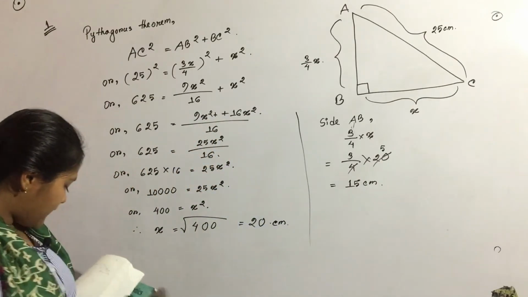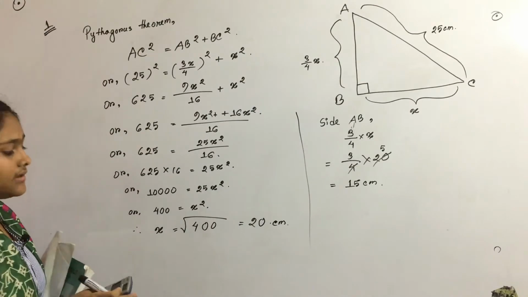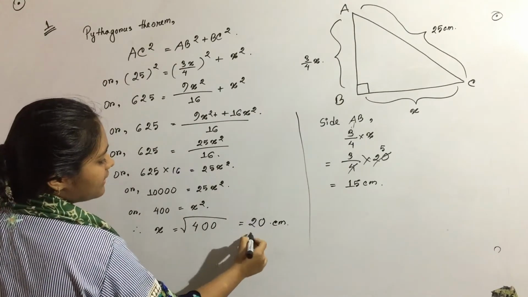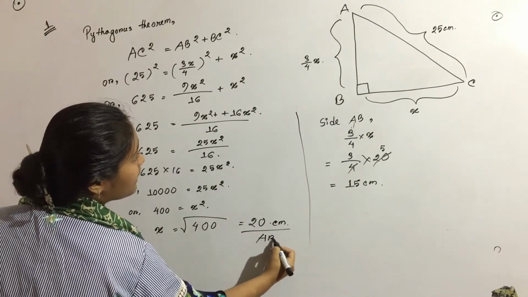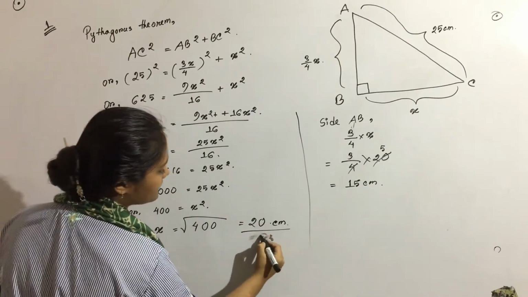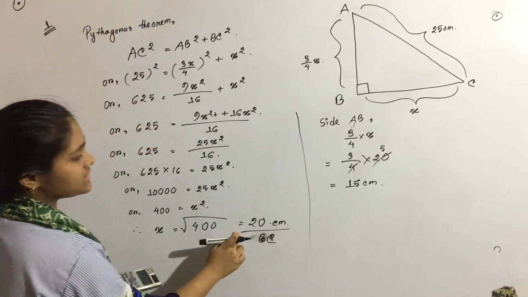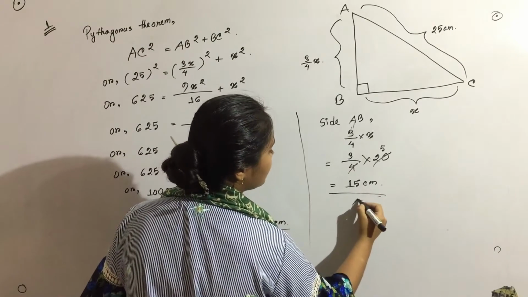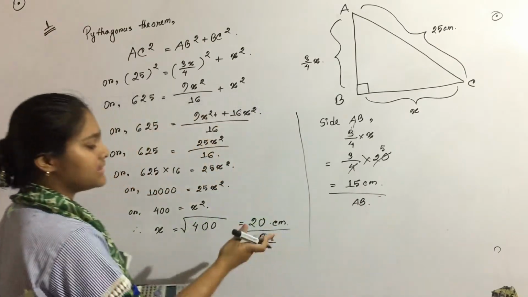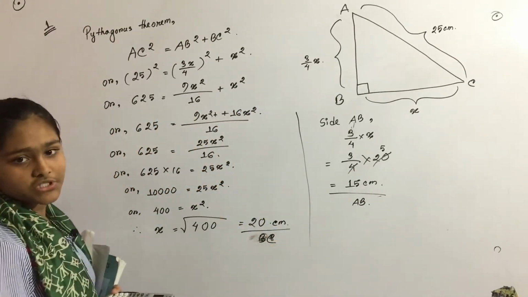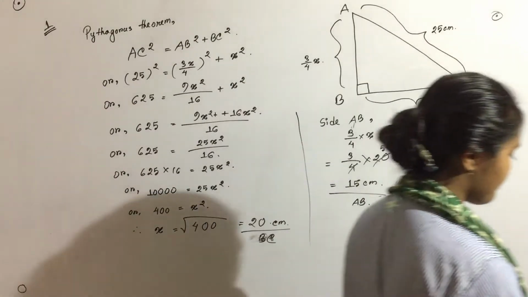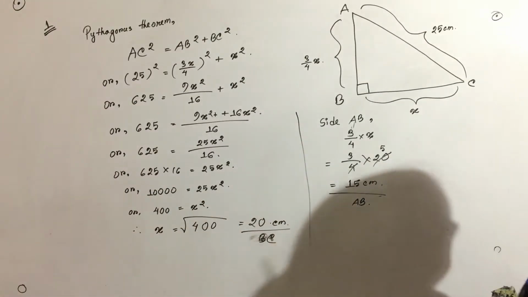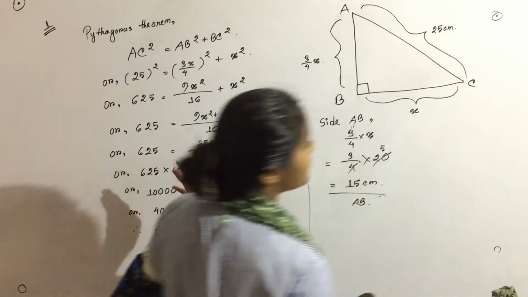Now, they have asked for both sides. We've got one side BC as 20 centimeter and the side AB as 15 centimeter. These both are the results of the first question. I'll erase this board now.